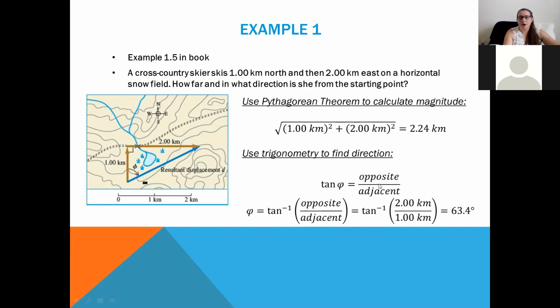Tangent is opposite over adjacent, which means that if we want to isolate the angle by itself, we have to take the inverse tangent of opposite over adjacent. And that gives us this 63.4 degree angle.